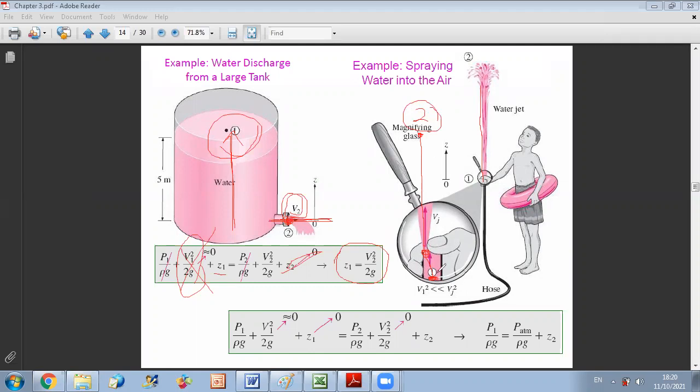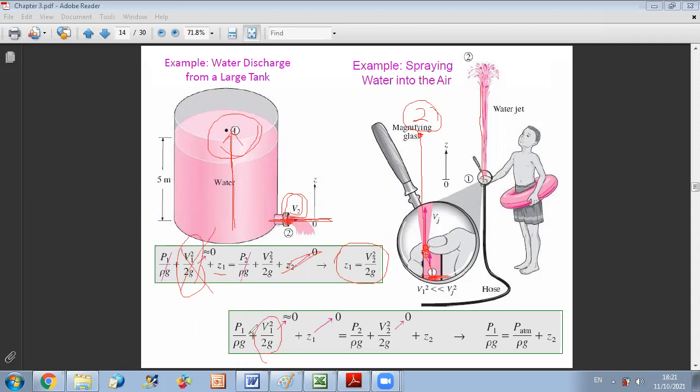And now if I write my analysis, I have at point 1, since you opened a very small area here, this means that the velocity in your duct is nearly zero. Why? Because if you opened a very small area here, using the same concept of the reservoir, at this level you have a much larger area. So V1 is very small compared to the velocity of the jet exiting your tube. So you can consider that V1 within the pipe here is nearly equal to zero.